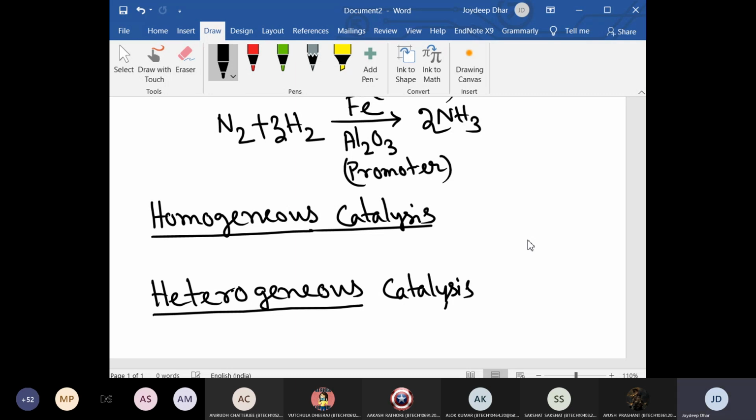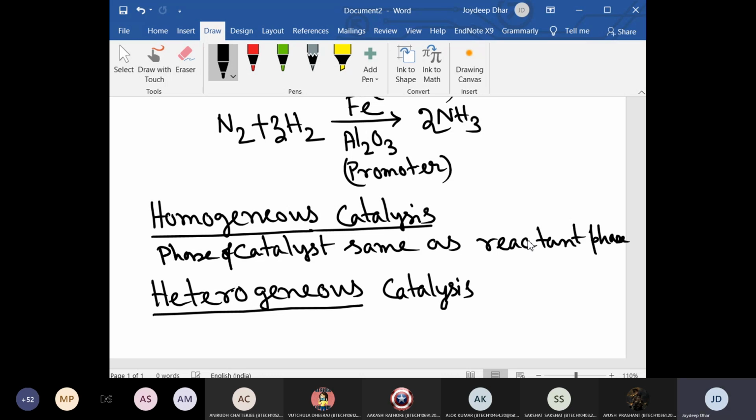So what does it mean? Homogeneous means the nature or phase of the catalyst is the same as the reactant phase.